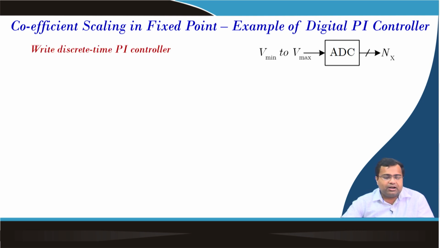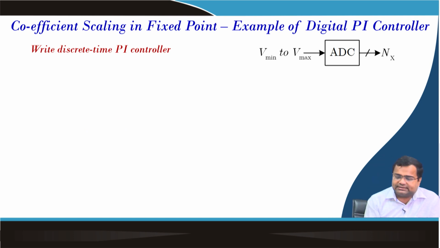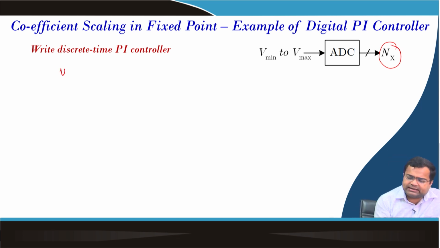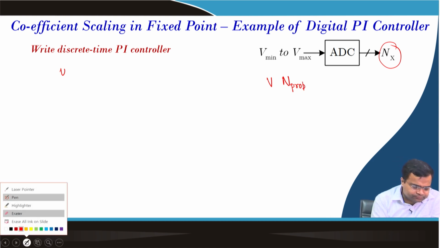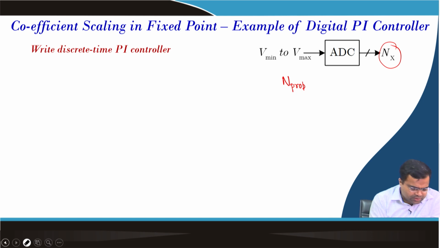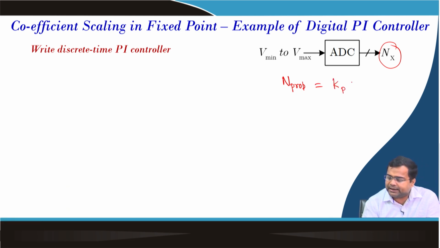Now, why do we need all this? Suppose we are talking about the PI controller with an ADC. Let us say this is the error voltage, the error signal, and we need to process that. If I take the proportional control first, I am talking about Kp into Nx.